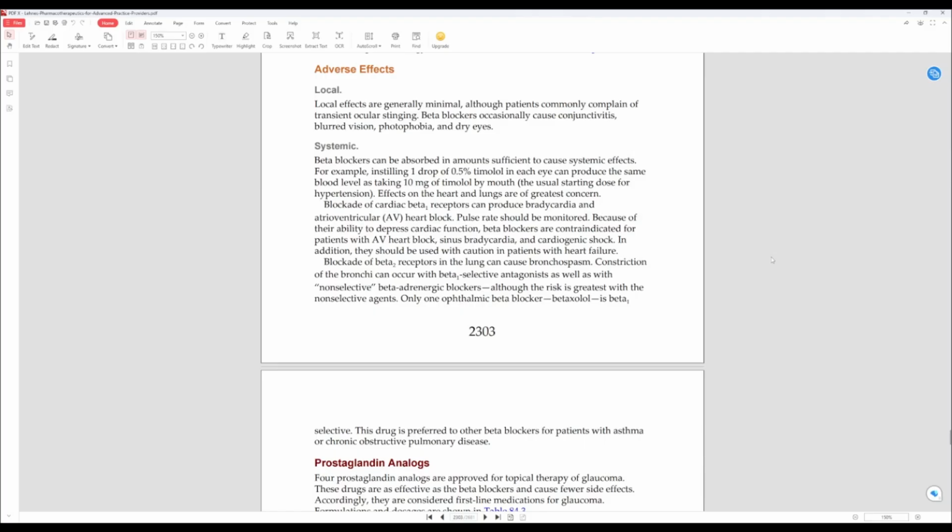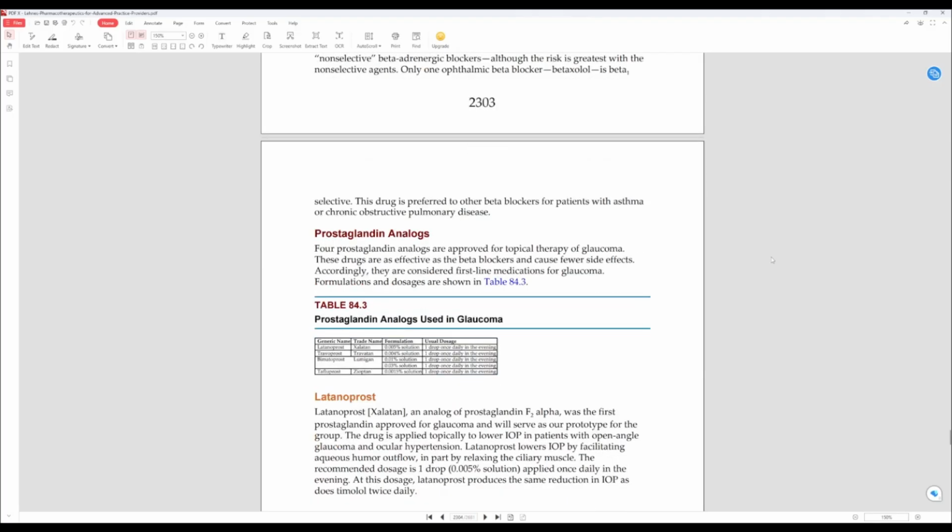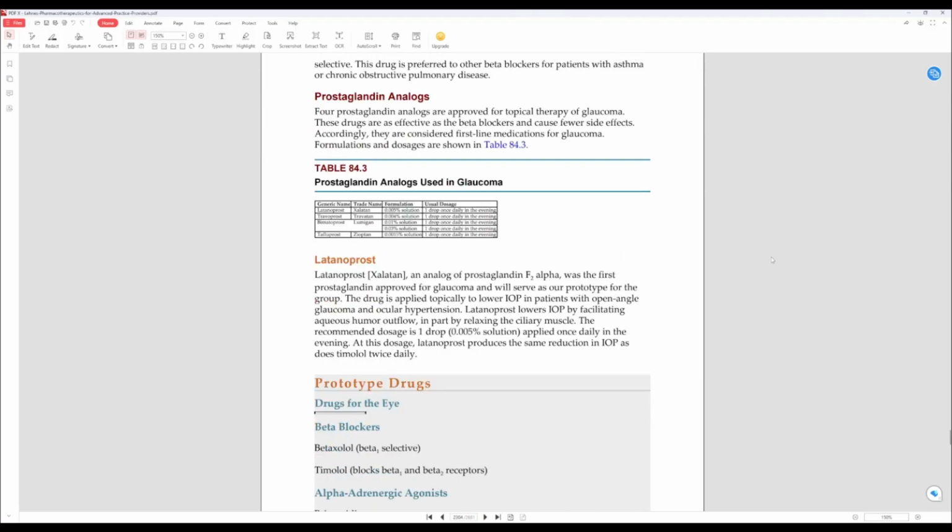Constriction of the bronchi can occur with a beta-1 selective antagonist, as well as with a non-selective beta-adrenergic blocker. Although the risk is greatest with the non-selective agents, only one ophthalmic beta blocker, betaxolol, is beta-1 selective. This drug is preferred to other beta blockers for patients with asthma or chronic obstructive pulmonary disease.